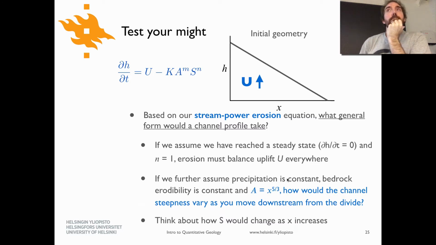It won't be flat. So why would it reduce in steepness as you go downstream? I mean, that's right, but what in our equation would make it so that if we want to balance uplift with a constant rate of erosion, we have to have the river channel get less steep as it goes downstream?